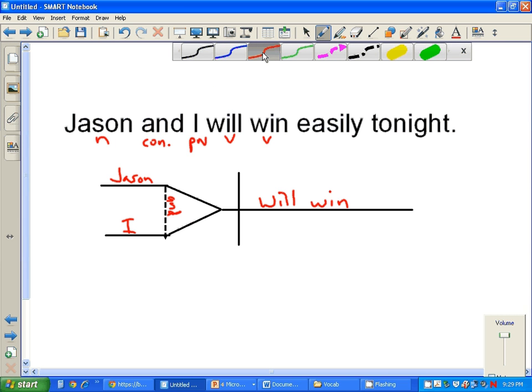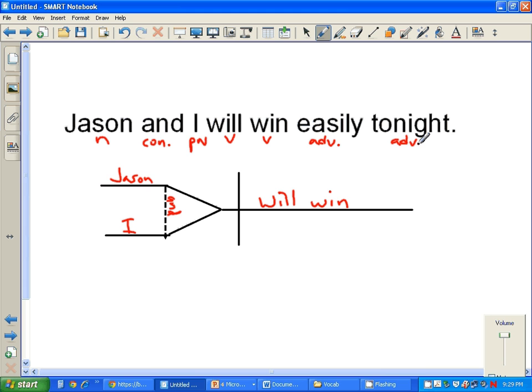Okay, easily and tonight are actually both adverbs. One is going to tell you how we will win. The other one is going to tell you when we will win, if that's not confusing.